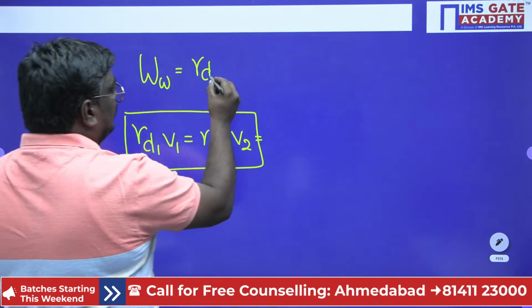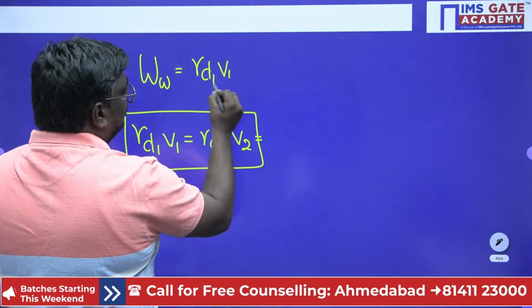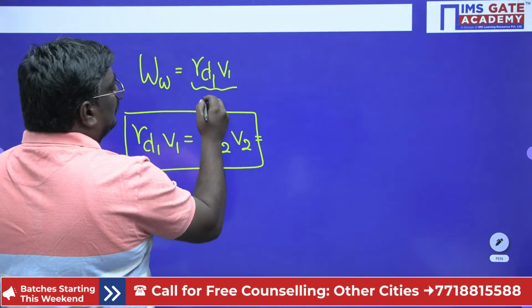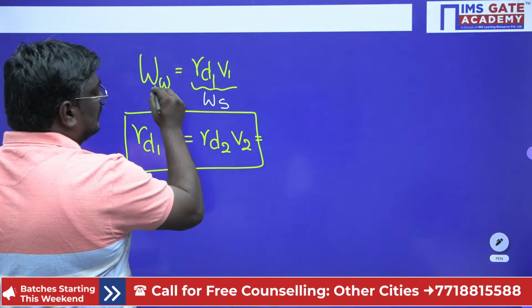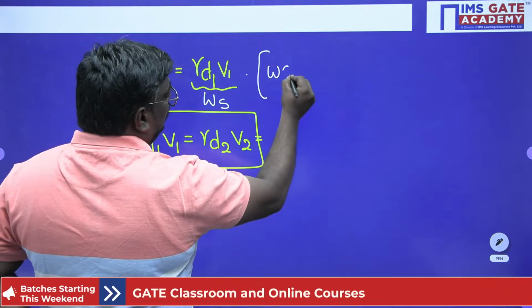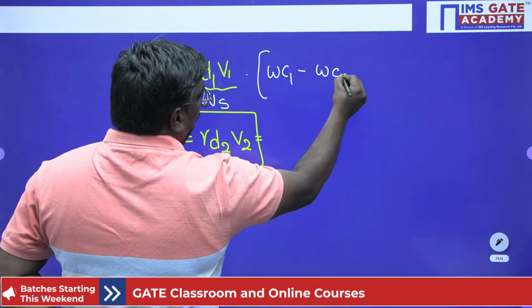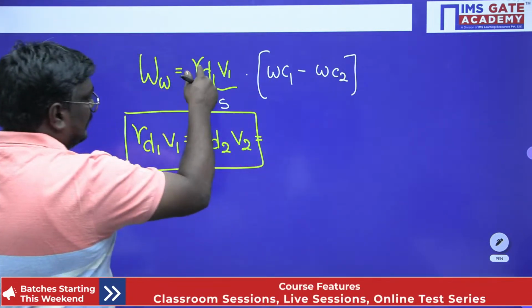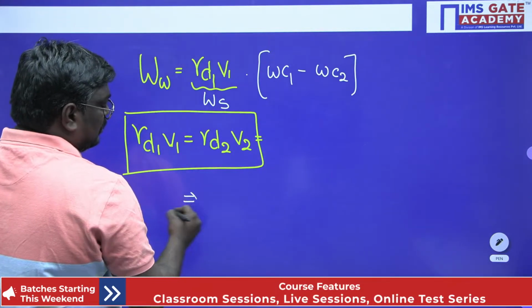Here you can write gamma d1 by V1 as nothing but the weight of solids, and the water to be added is the weight of solids into the difference of water contents. So here gamma d is 1.65 in this second case.